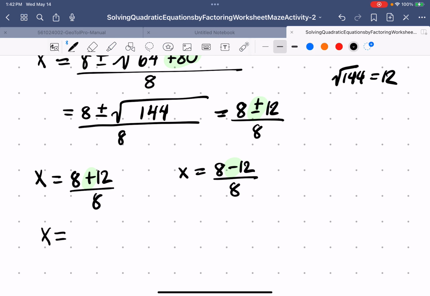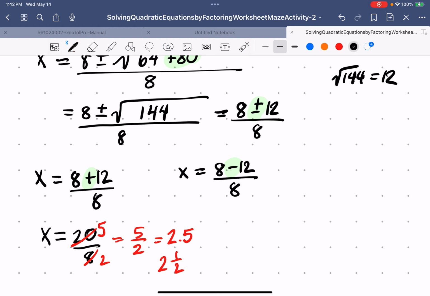Okay, so x is equal to 20 divided by 8. We reduce this. 4 goes into 20 5 times. 4 goes into 8 2 times. So this is 5 over 2, which is the same as 2.5, or 2 and 1/2.